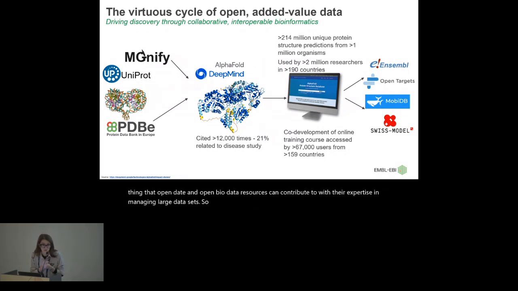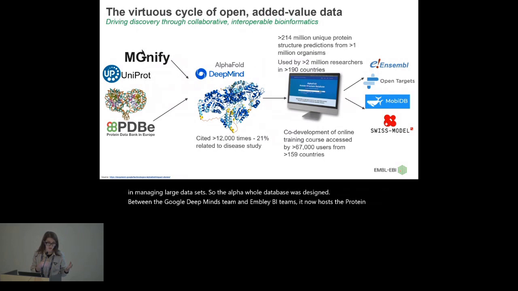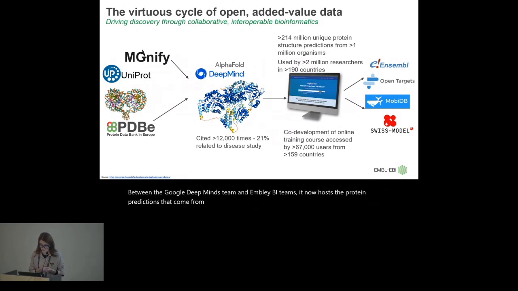So the AlphaFold database was designed between the Google DeepMind team and EMBL-EBI teams. It now hosts the protein predictions that come from the algorithm, is used by a lot of researchers, and also the EMBL-EBI training team has co-developed a training course in order to train more researchers on how to use this resource in a way that can provide innovation and answers to pressing problems.